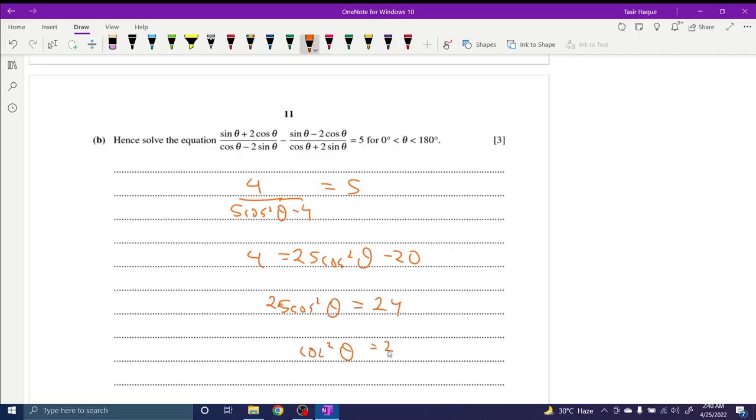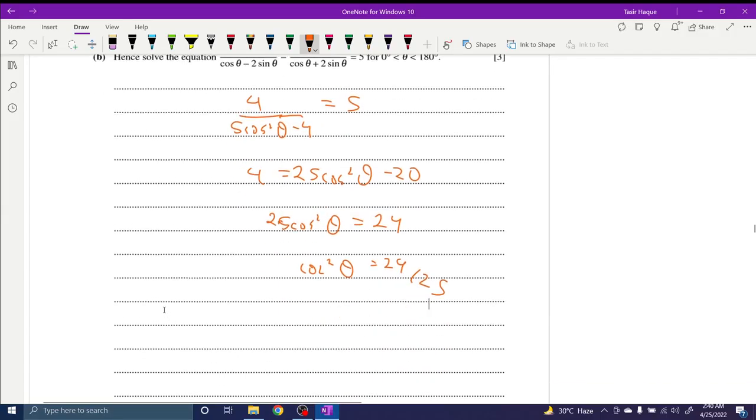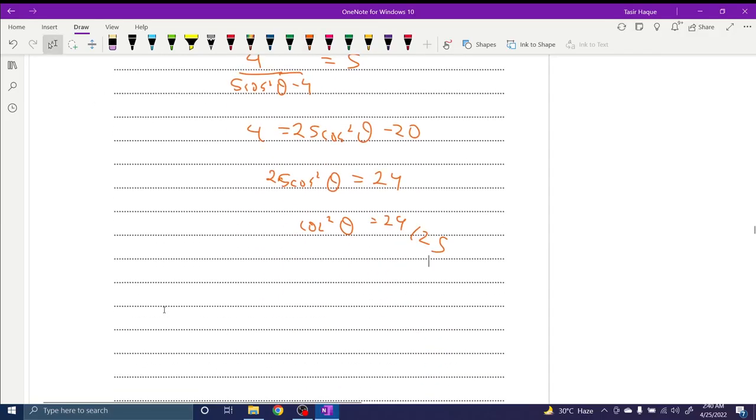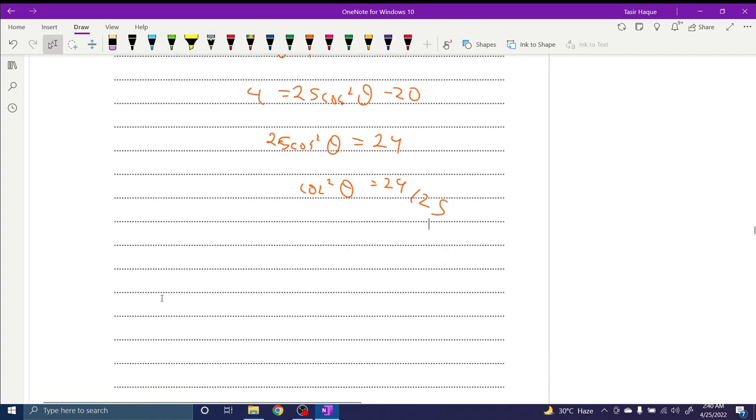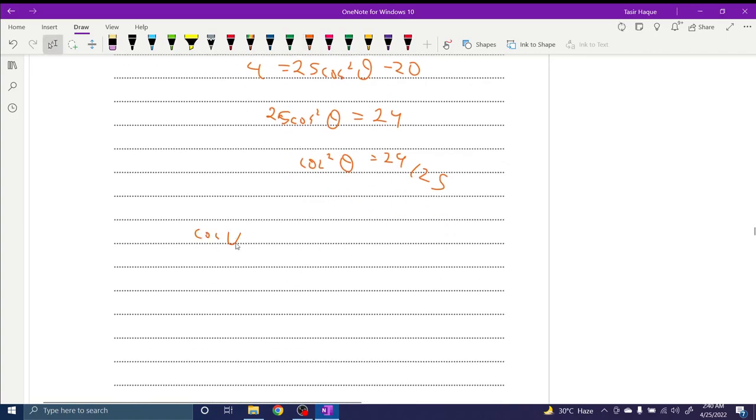Cos square theta is equal to 24 by 25. Okay, so we're getting cos theta equals to plus 2 root 6 by 5 and cos theta is equal to minus 2 root 6 by 5.